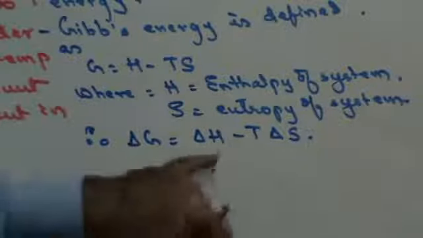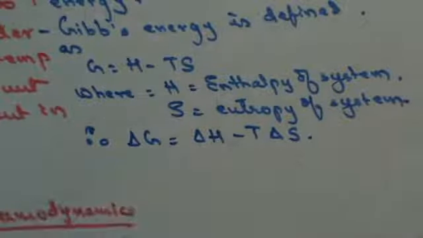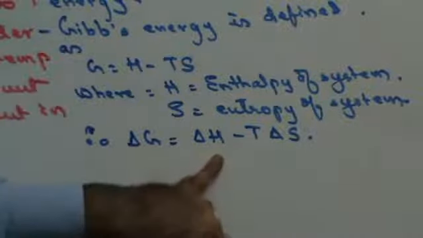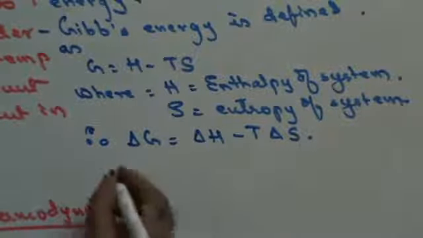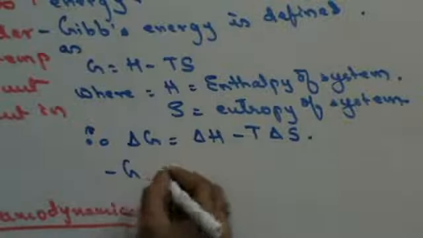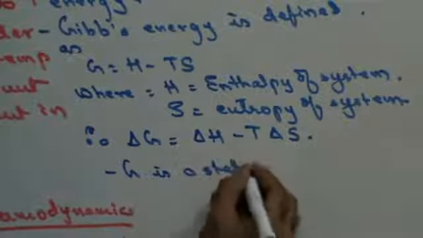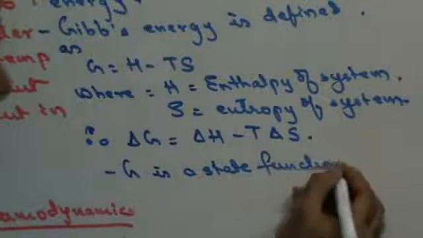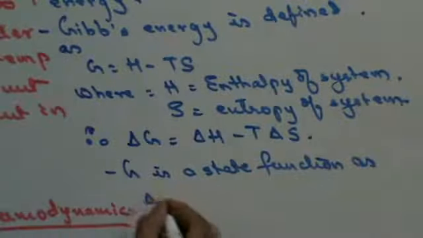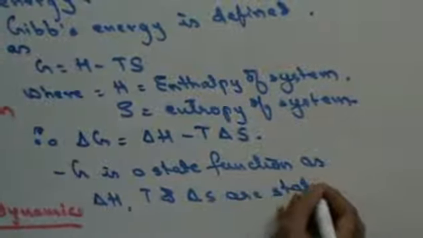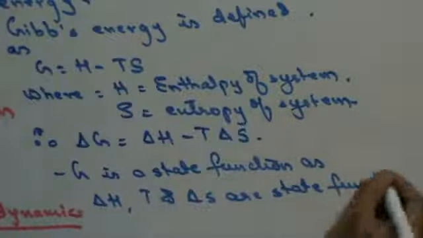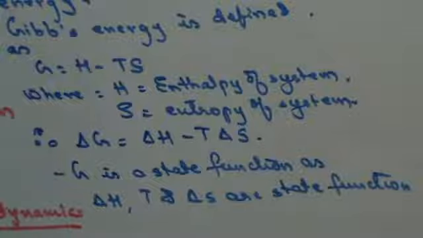Now, since H, T and S, all three, enthalpy, temperature and entropy, are state functions, therefore Gibbs energy is also a state function. G is a state function as delta H, T and delta S are state functions. So do you understand why we have Gibbs energy and what is Gibbs energy? So let's now talk about Gibbs energy.